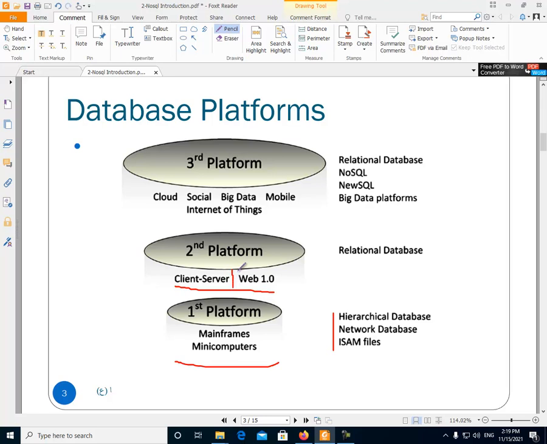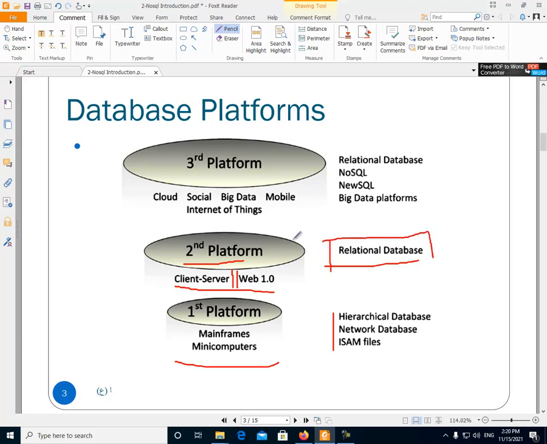The database which was used in this platform was the relational database. The database for this client server and website platform was the relational database.